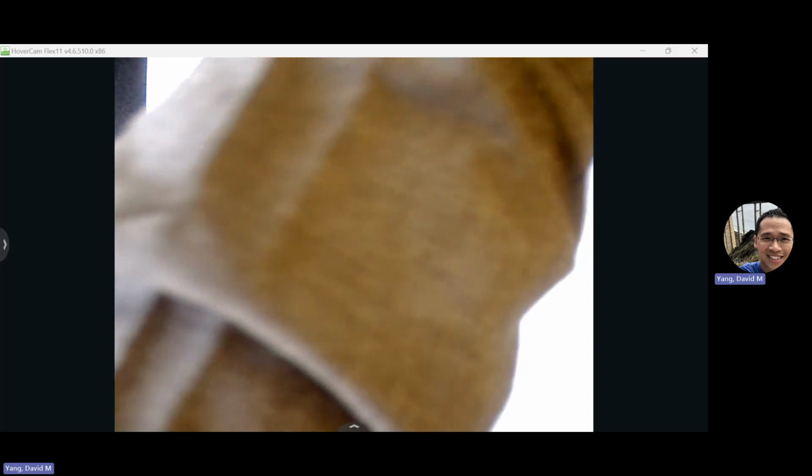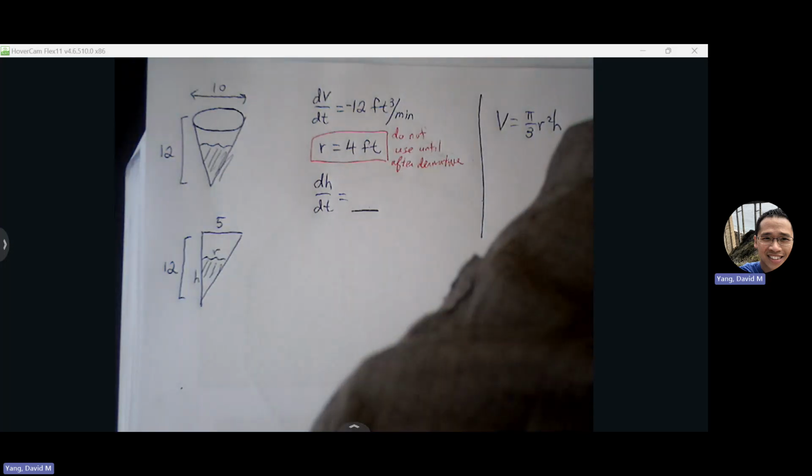Yeah, 10 feet across. One radius is 4. We're trying to find the dV/dt stuff. Exactly. That's fine. That's what I'm changing, the rate. I think Boston did that with the ball.